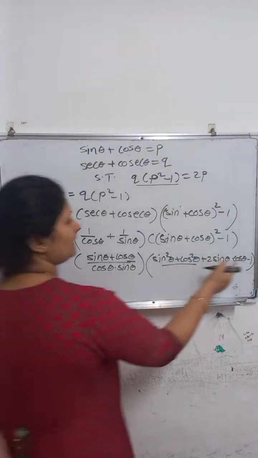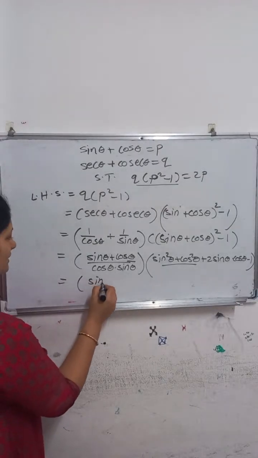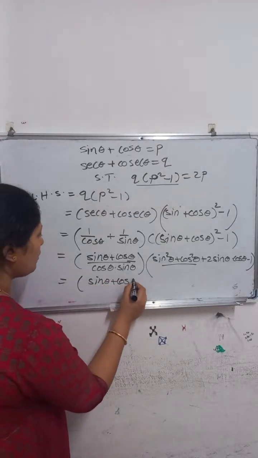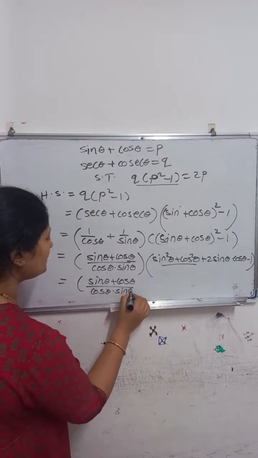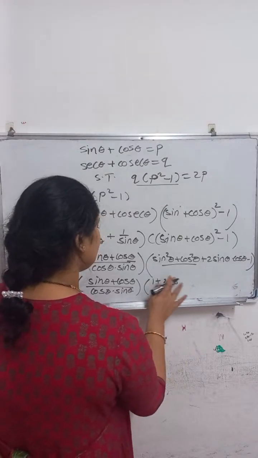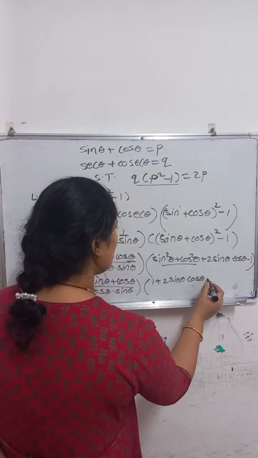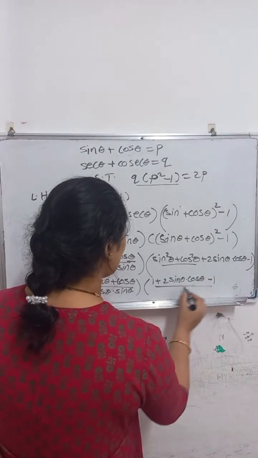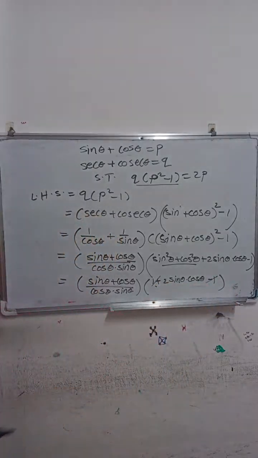That plus 1 and this minus 1 get cancelled. So what will remain? Only 2 sin theta cos theta.